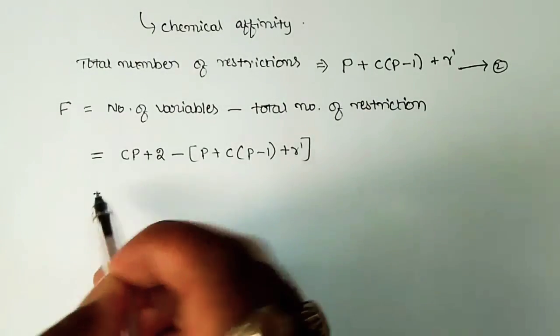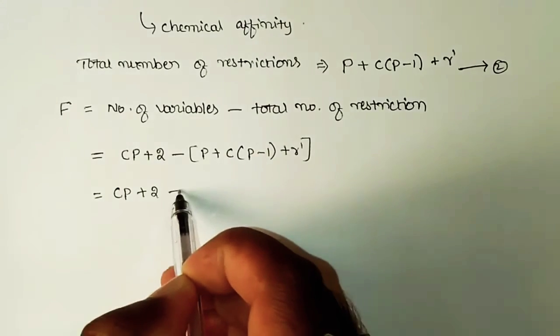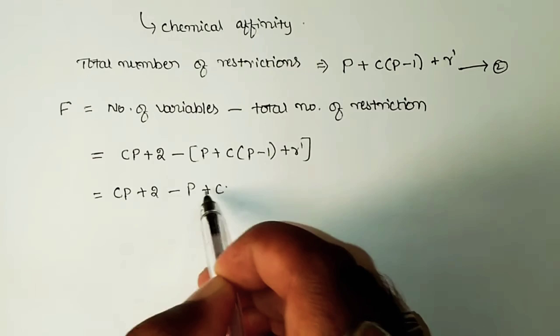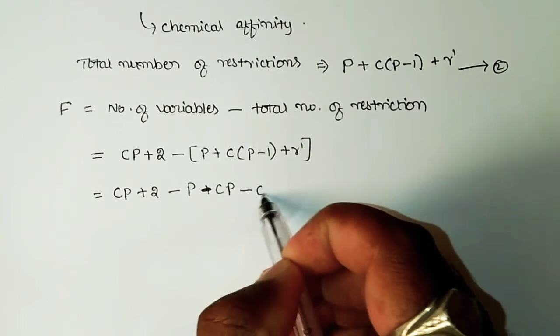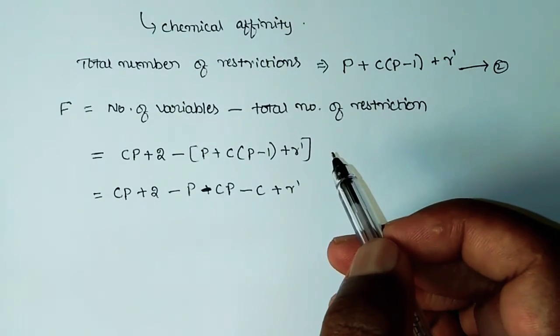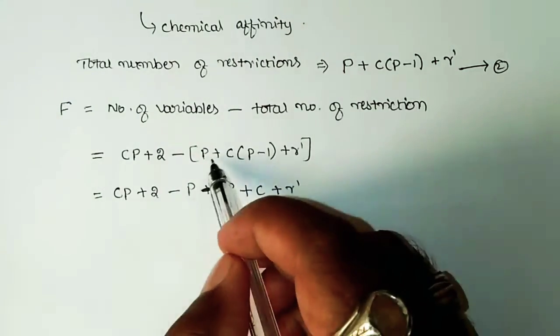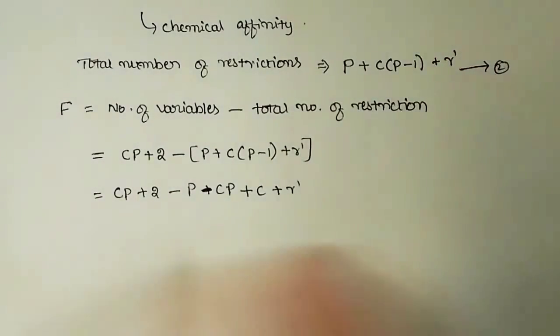On simplification, you will get Cp plus 2 minus P minus Cp plus C minus R dash. Minus into minus gives plus.